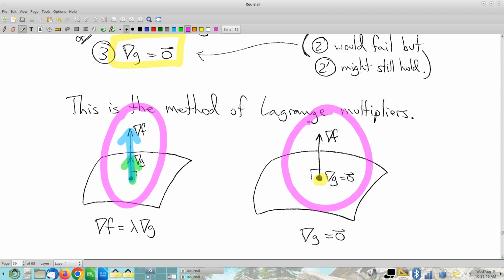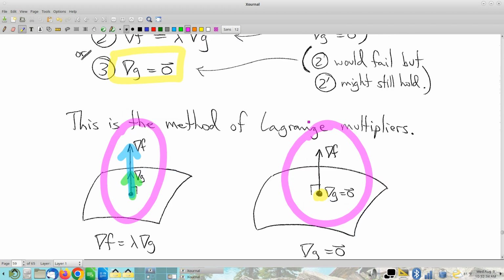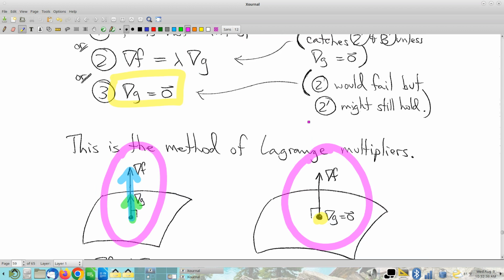Well, in this case, the gradient of g being 0 doesn't define a direction perpendicular to the surface. It's still orthogonal, but it's not perpendicular. And again, zeros are annoying, and this is the kind of issue I have to worry about. So basically what I have to recognize is that if the gradient of g is equal to 0, such as in this case, then this just doesn't apply.